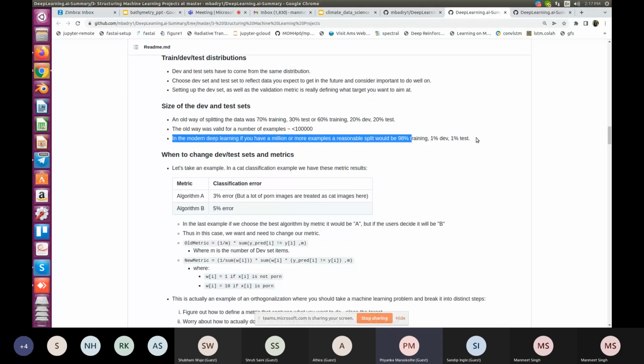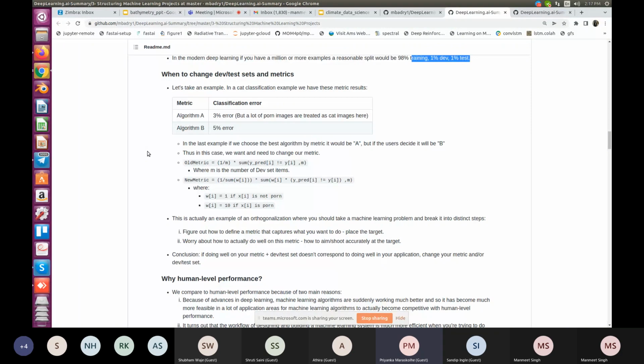So when to change the dev or test sets and the metrics? Let's look at the example of cat classification. You can see that algorithm A has a 3% error, but a lot of images are treated as cat images here.